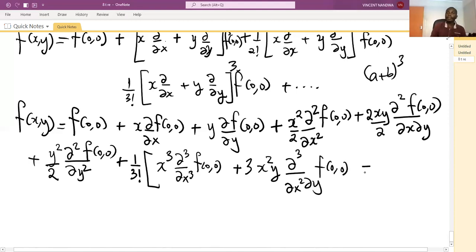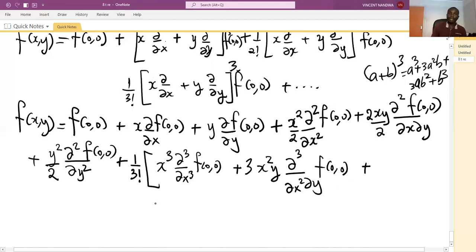and then plus 3. So remember, this is the same as a cubed plus 3a squared b plus 3ab squared plus b power 3. So next one will be 3ab squared. And remember, this is our a, this is our b.